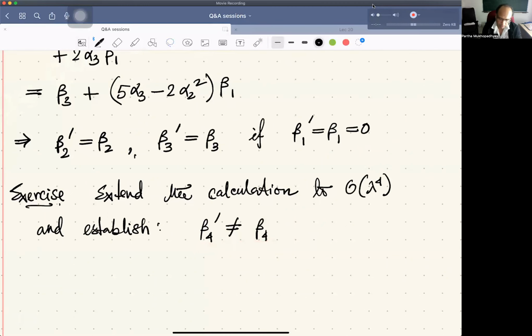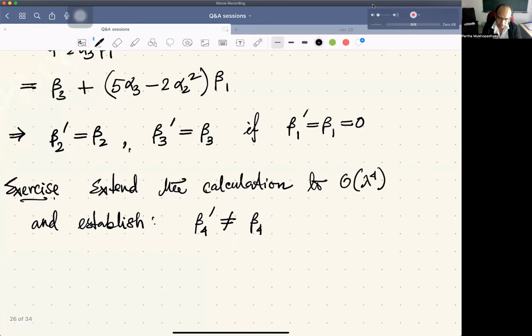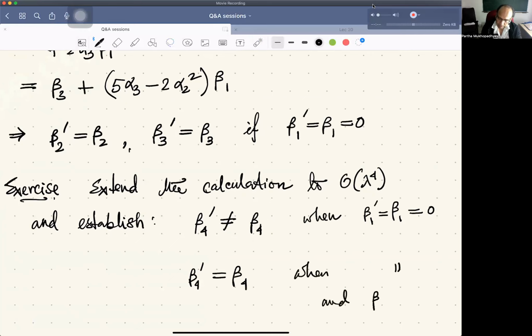So let me extend this exercise. So this establishes this when beta 1 prime is equal to beta 1 equal to 0, and beta 4 prime is equal to beta 4, when beta 2 prime equals beta 2 equals 0.